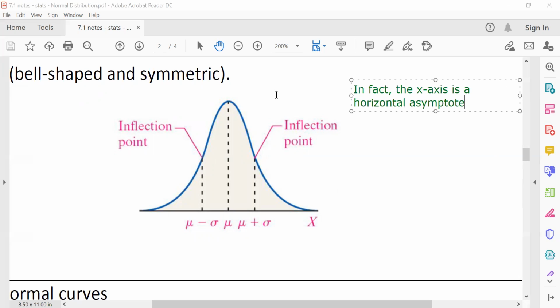Let me see if I can perhaps demonstrate that. Give me one moment to whip something up. I can demonstrate that with a graph. Give me just a hot minute.